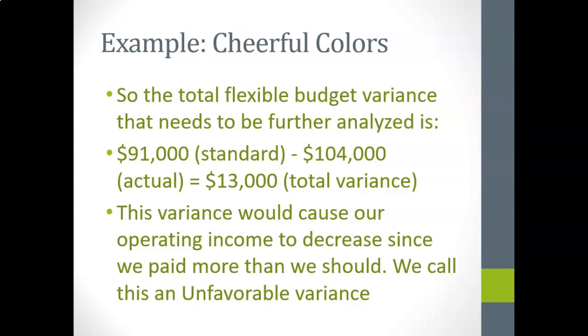Okay, now, is this favorable or unfavorable? Since we spent more on the paraffin than we thought we would have, that's going to cause our operating income to go down. And so we're going to call this unfavorable. We have a $13,000 unfavorable total variance.